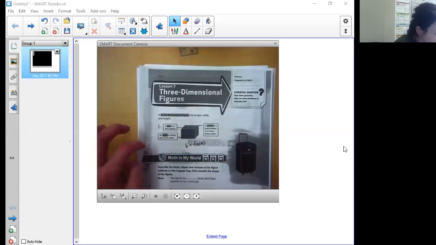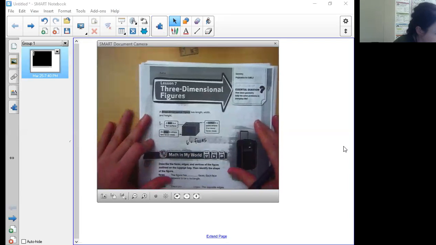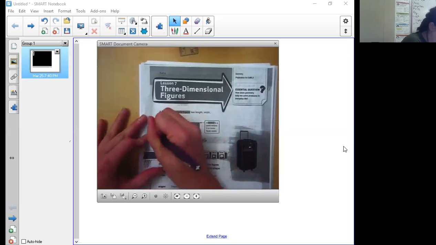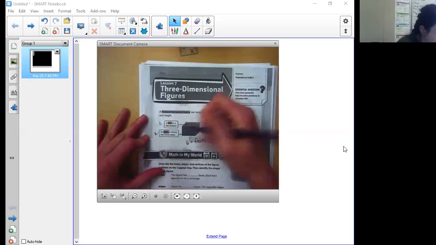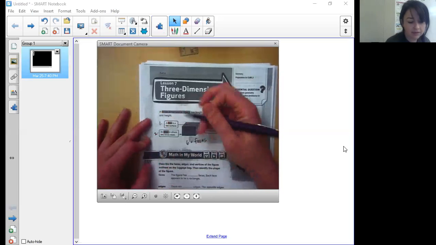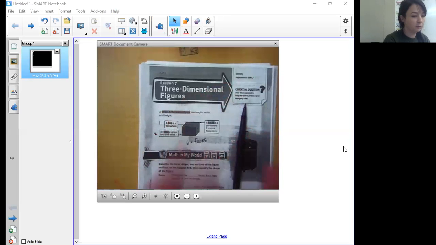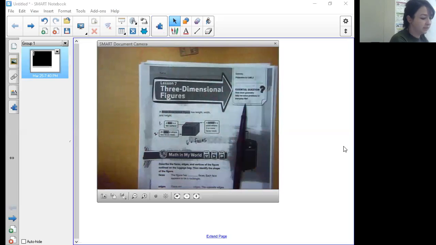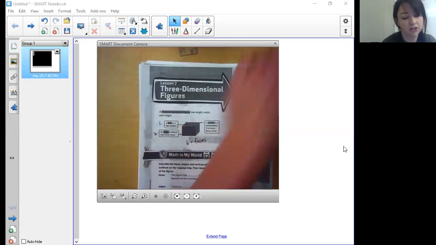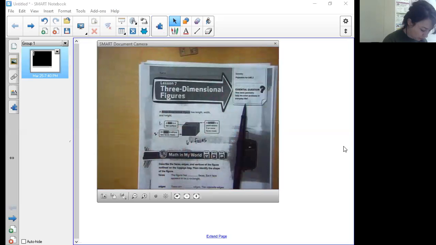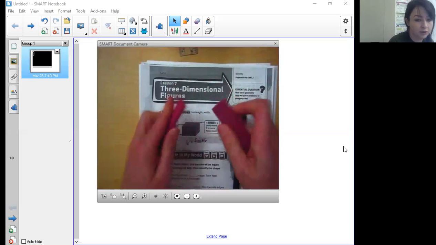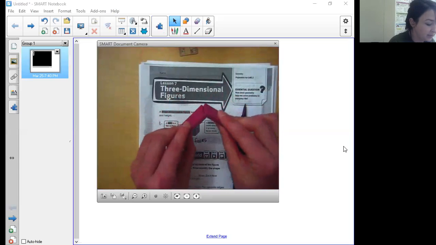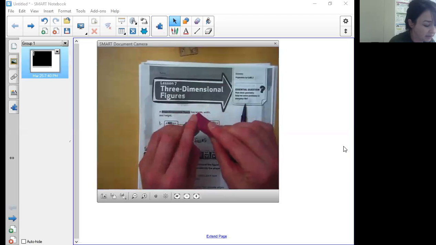All right, next. Number 2 is the edge. These are where the 2 faces meet. So if I was to take 2 pieces of paper, I want you to be able to see my hands. Actually, I'm going to use my fraction cubes that I have right here because they're a little more sturdy. If I was to take these 2 pieces and put them up against each other, the part where they meet, or the edge where they meet, this is the edge.